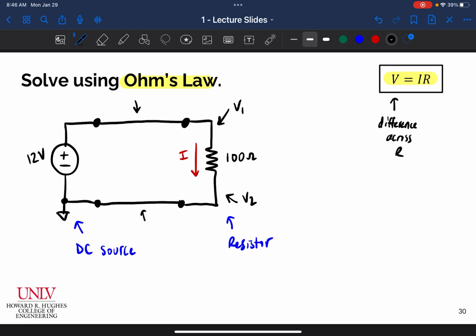V is equal to IR, so I could rearrange and I would get that I is equal to V over R, right? If I divide both sides by R. Okay, so now I know my R is 100 ohms. So I need to figure out my V, and that V is the difference in voltage across this resistor, which is V1 minus V2, okay?